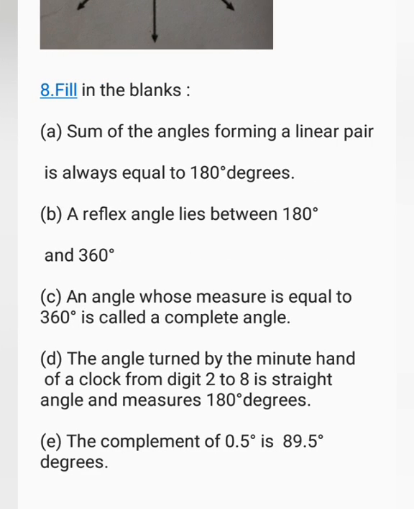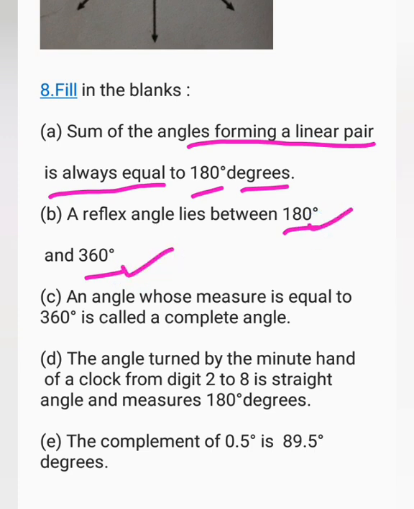Now the next question, the sum of the angles forming a linear pair is always equal to dash degree, is always equal to 180 degree. A reflex angle lies between dash and dash. A reflex angle lies between 180 and 360 degree. An angle whose measure is equal to 360 degree is called a dash angle, is called a complete angle.